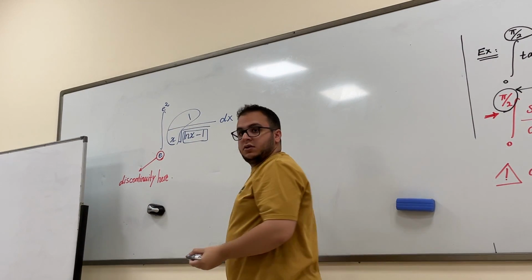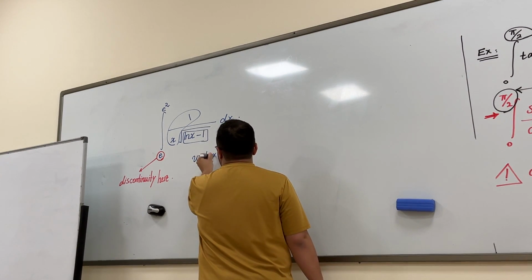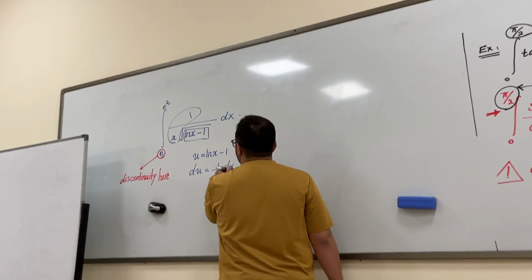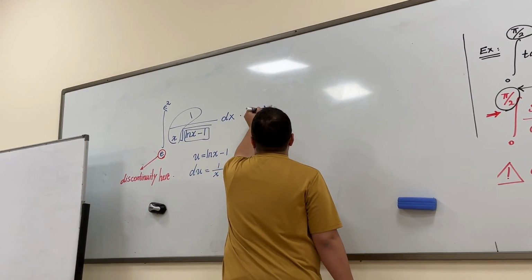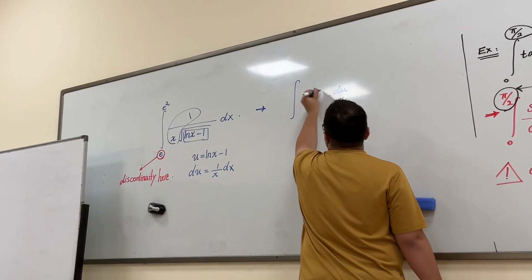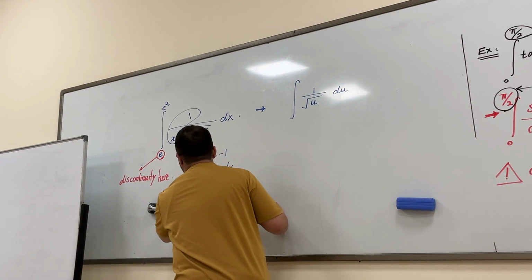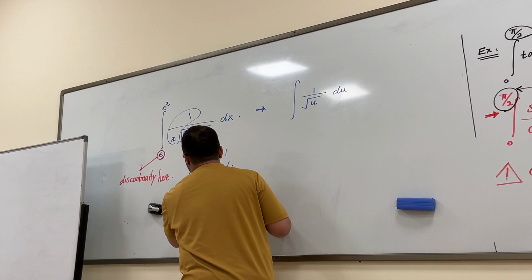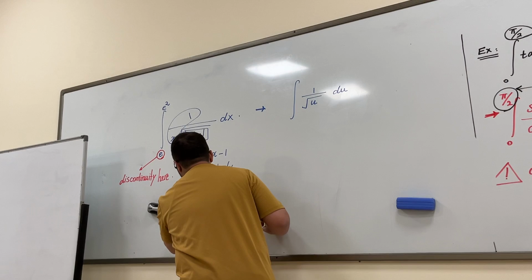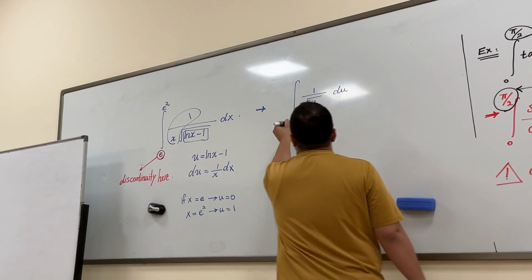Let u equal ln x, so 1 over x dx is du. This becomes the integral of du over root u, and I can change the bounds. If x equals e, then u equals 0. How did I know this? I plugged it in. If x equals e squared, u equals 1. So this is going to be 0 to 1.